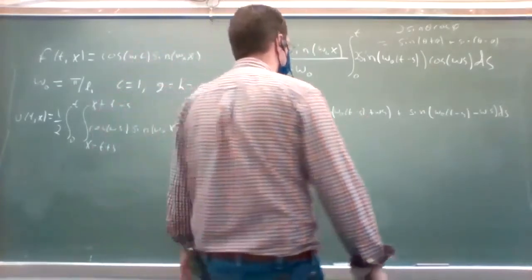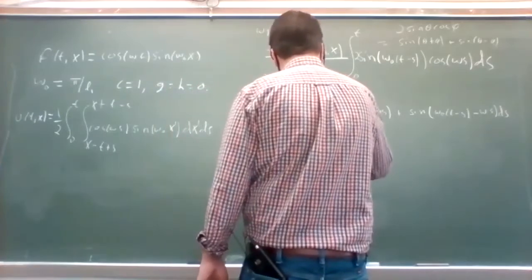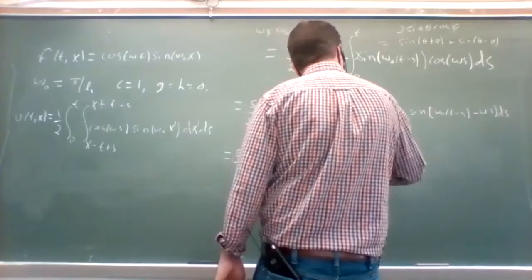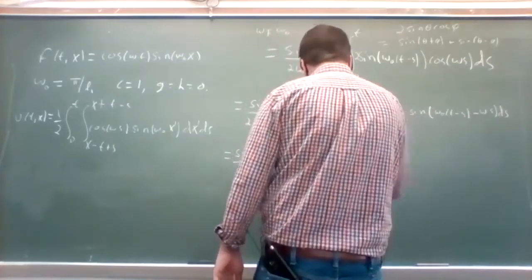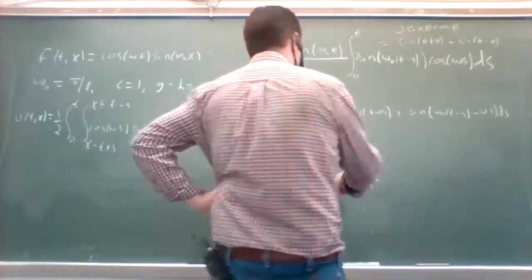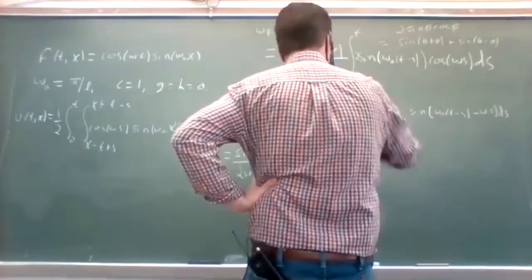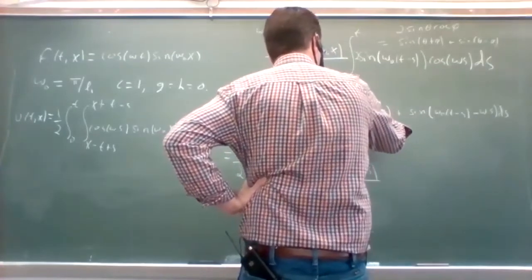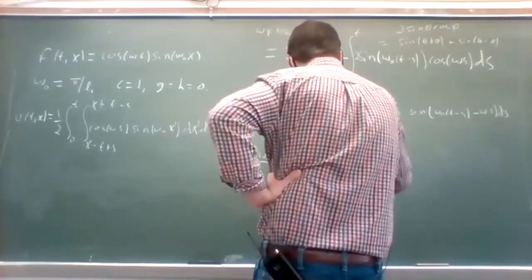So you get minus cosine, and what are you dividing by? Isn't it s times omega minus omega naught?